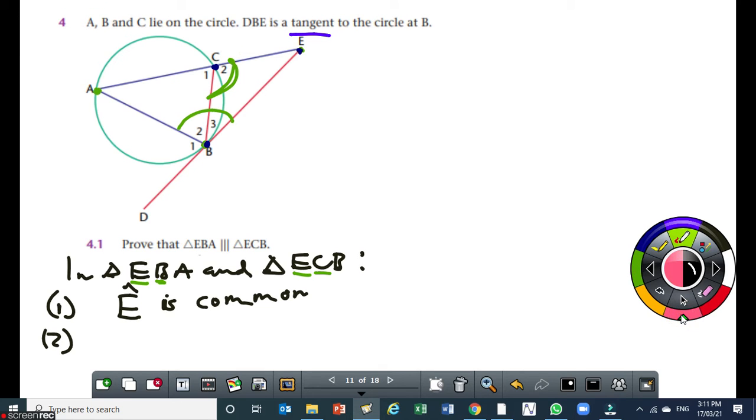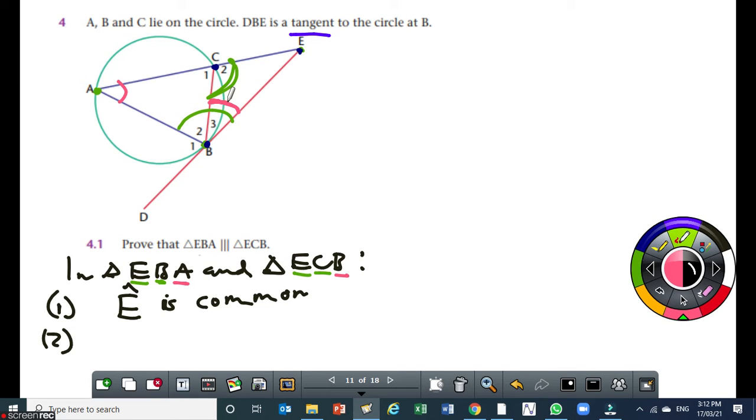If it's complicated to prove that the pair of angles are equal, try the third one. The good thing is I've already proved that the first pair is a common angle. So angle A, this one here in EBA, I need to prove that it's equal to this B in ECB, which is that angle.